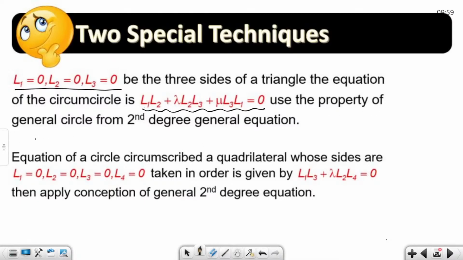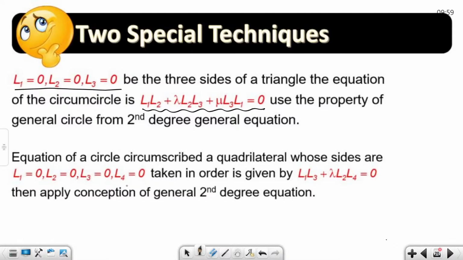And use the property of the general second degree equation that I will use to find the value of lambda and mu. The moment you get the value of lambda and mu, you get the equation of that circumcircle circumscribing the given triangle formed by the three lines L1 equals 0, L2 equals 0 and L3 equals 0.